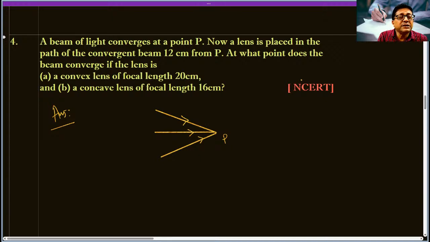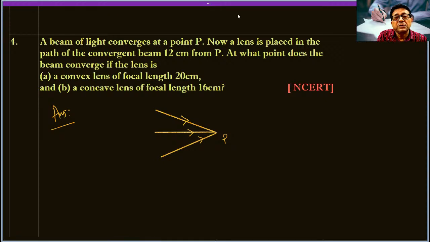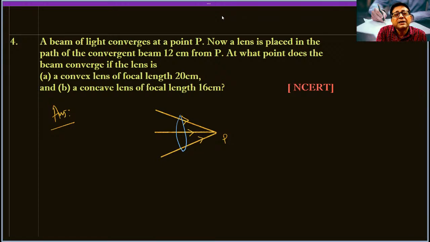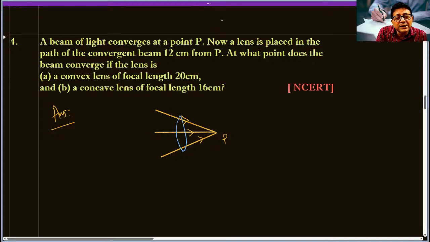A lens is placed in the path of the convergent beam. We are keeping a lens, and first I am taking the convex lens. A convex lens is placed on the path. Then what will happen? These rays, after passing through the lens, now will converge before. Agree or not?